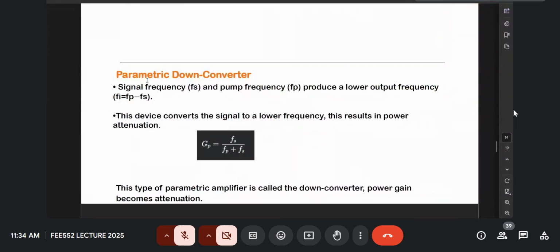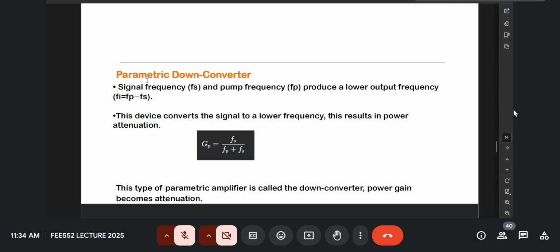Then we have the down converter. Here the signal frequency Fs and pump frequency FP produce a lower output frequency. Remember, for the up converter it was producing a higher frequency, but in the down converter we're producing a lower frequency by that equation. So this device converts the signal into a lower frequency. This results in power attenuation.